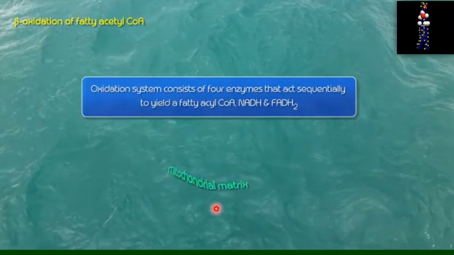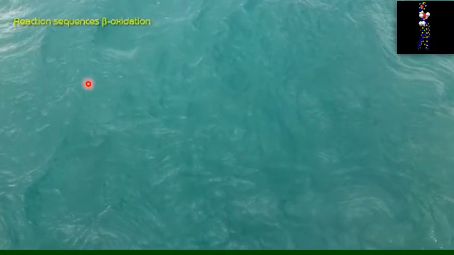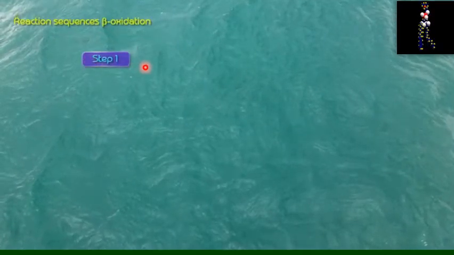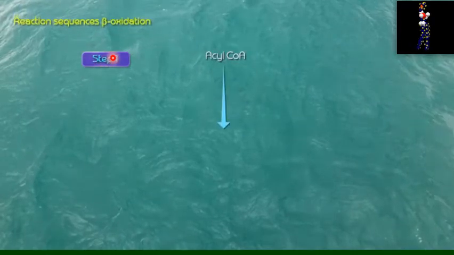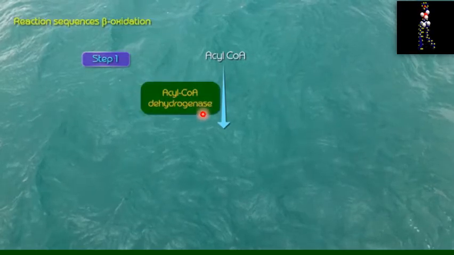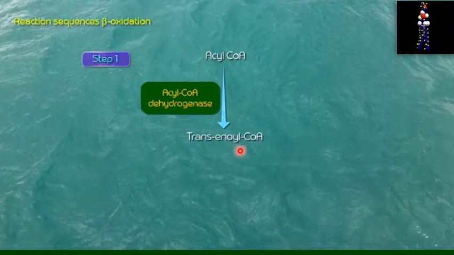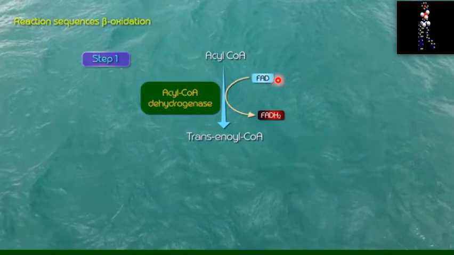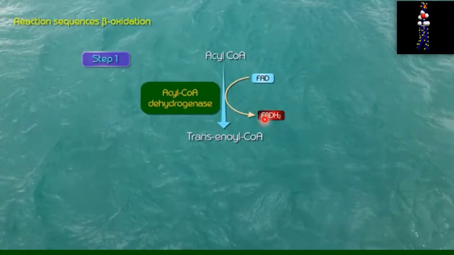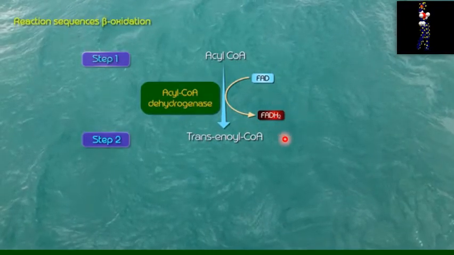So this is our mitochondrial matrix, and this is step 1, in which fatty acyl coenzyme A, with the help of acyl coenzyme A dehydrogenase, is converted into trans-enoyl coenzyme A, and it forms one FADH2 molecule. These are the energy carriers which will be utilized by the electron transport chain of the mitochondria.